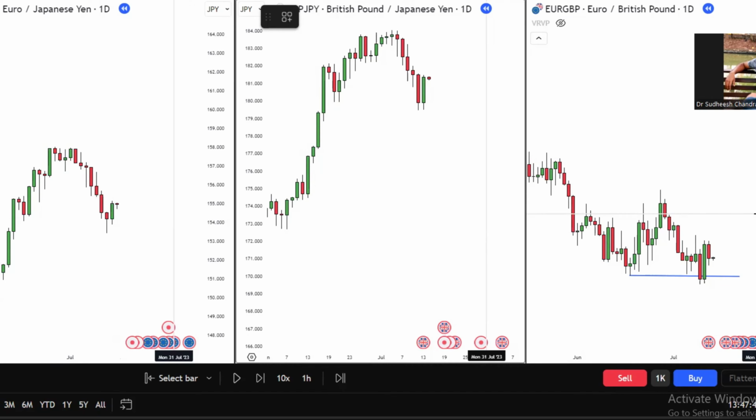In that middle chart, the price went down to a fair value gap. Yes, it tagged an internal range liquidity, and also took external range liquidity. You get it?